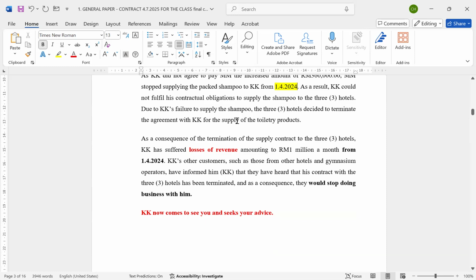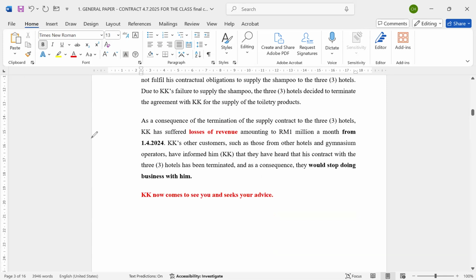As a result of this termination, this part talks about the damage. What is the loss or damage suffered by KK? This is calculated from 1st of April 2024 onwards. Apart from these three contracts, KK also suffers some loss because he has been in this industry for about 10 years.